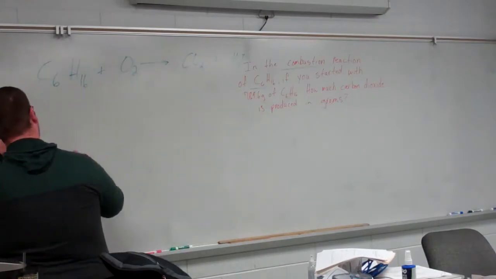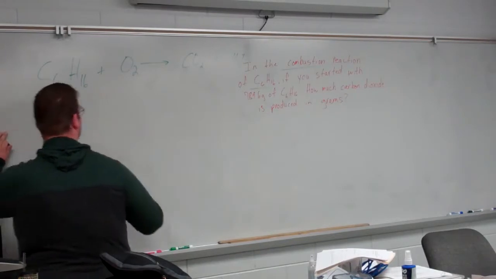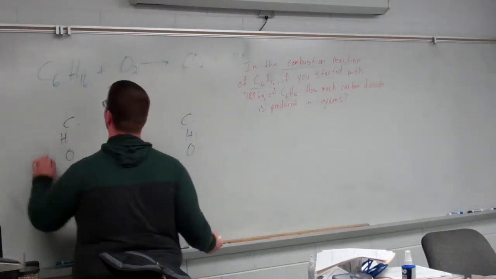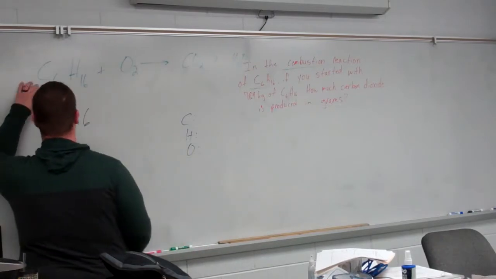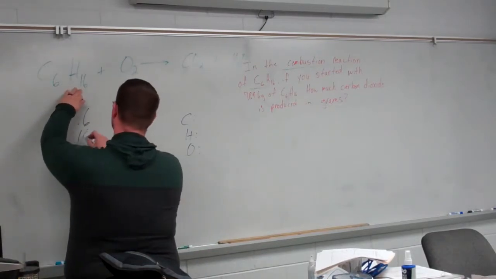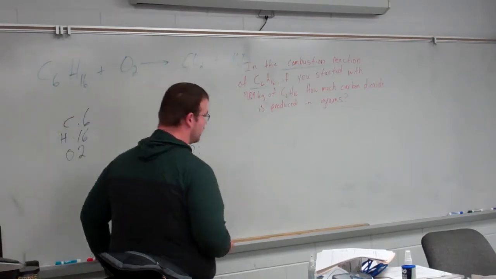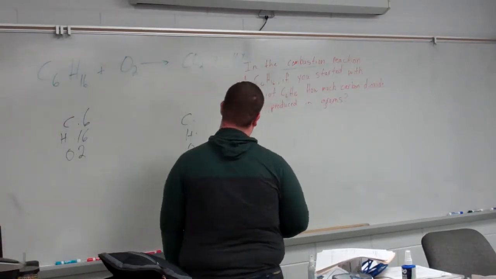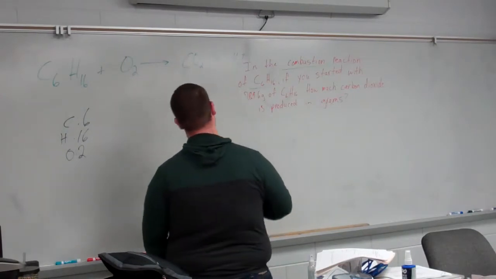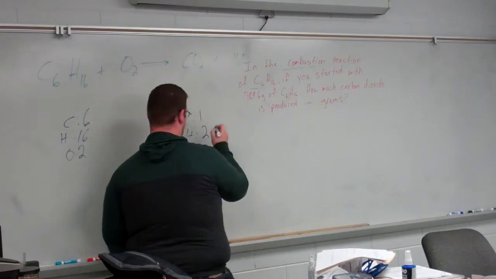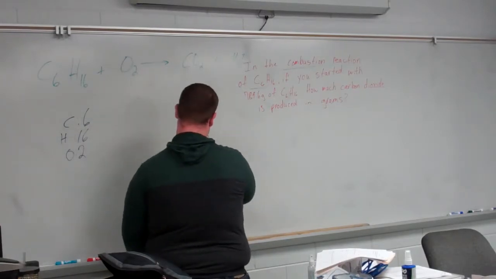So we're going to start it off. Carbon, hydrogen, oxygen. I got 6 carbons on the left, 16 hydrogens on the left, and 2 oxygens on the left. What I got on the right? 1 carbon, 2 hydrogens, 3 oxygens. Easy as 1, 2, 3.